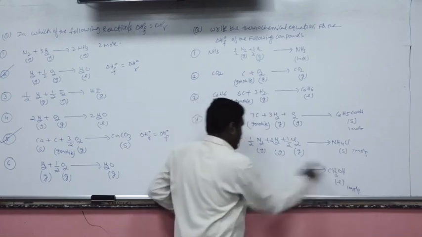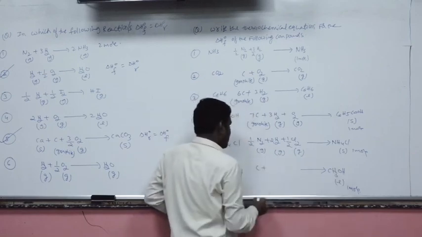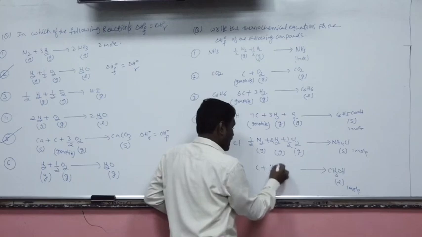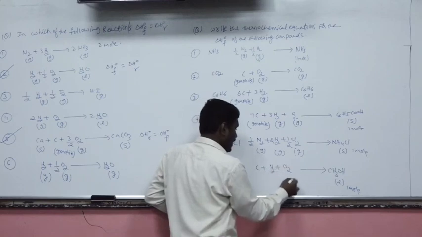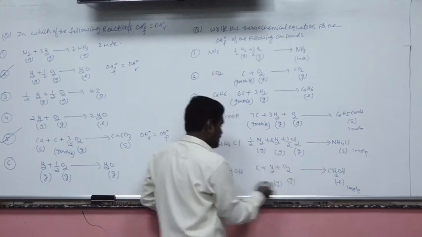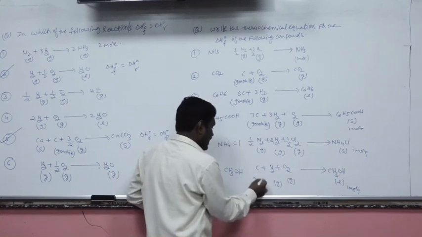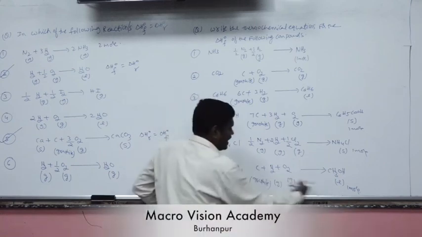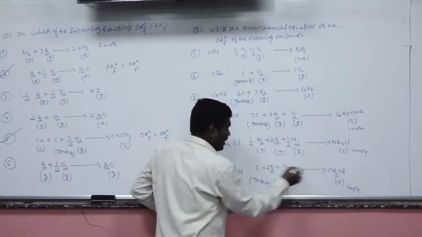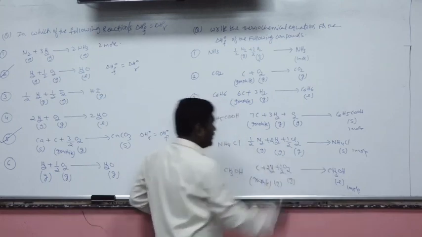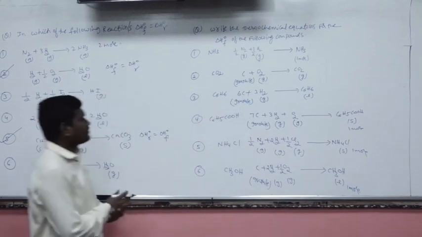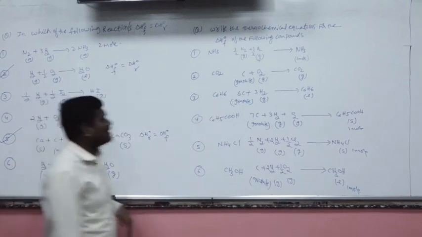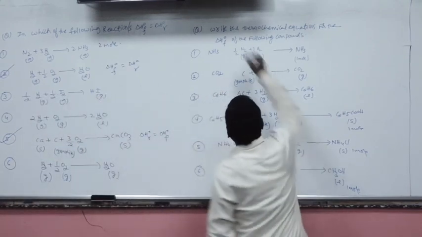In methanol, one element is carbon, other element is hydrogen, and other element is oxygen. Do you know hydrogen and oxygen are gases? Standard state of carbon again graphite. Now one carbon is there, hydrogens are 4, 2 2s are 4, oxygens are 1, so half O2. So all these reactions correspond to what?